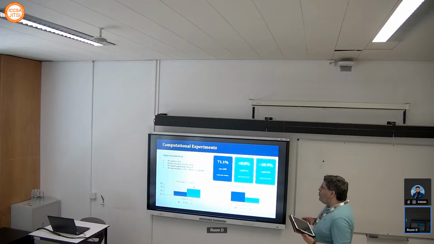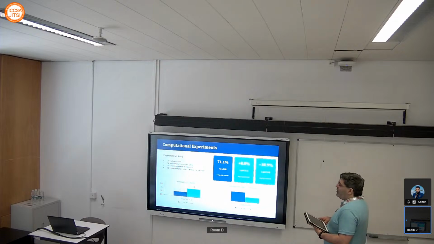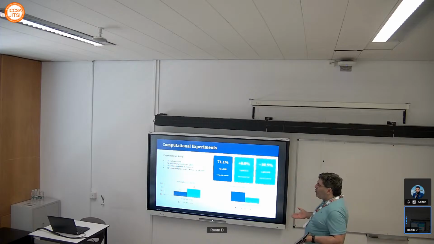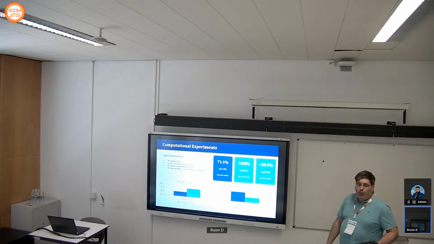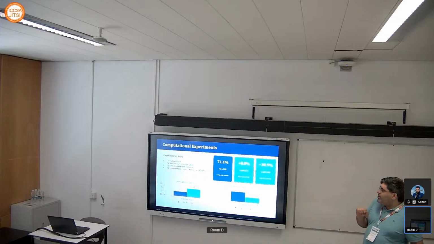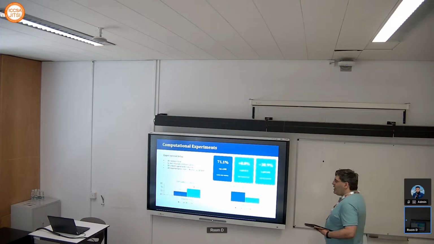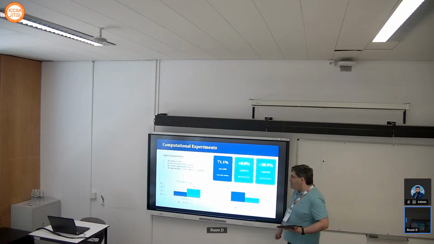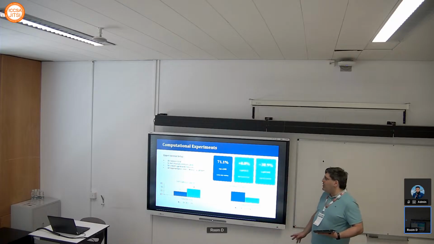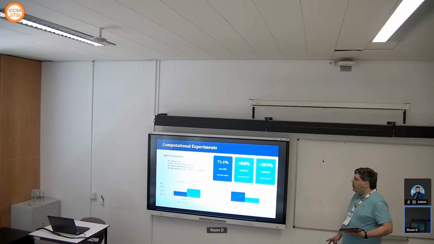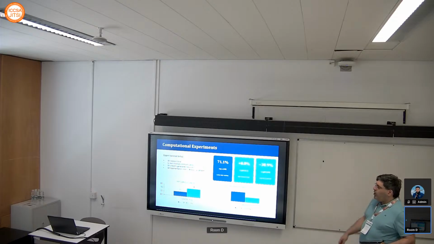In terms of results, we tested our algorithms on 39 instances. 10 of them are real, but we had to change them because of some confidential issues. 29 are randomly generated instances, and we implemented all the algorithms in the C# programming language and ran them on a standard computer.